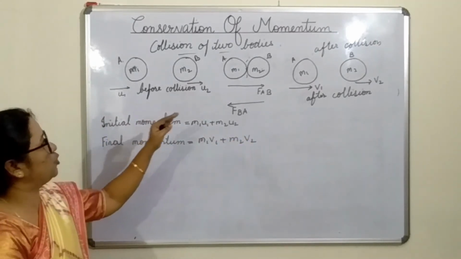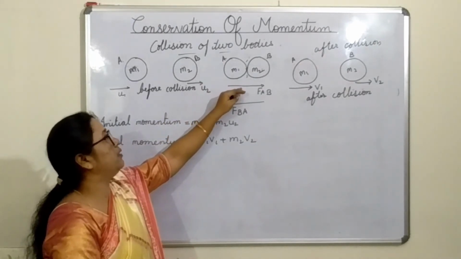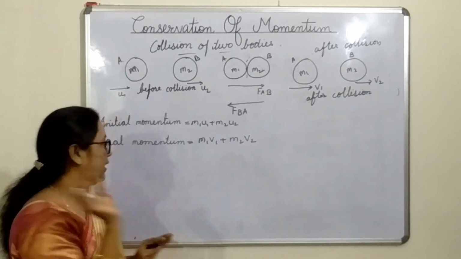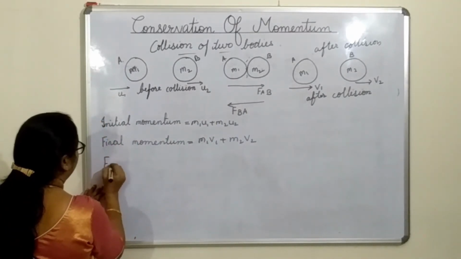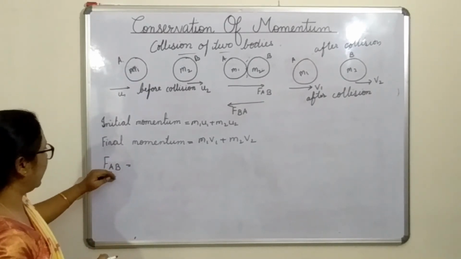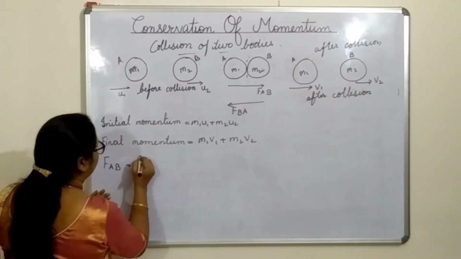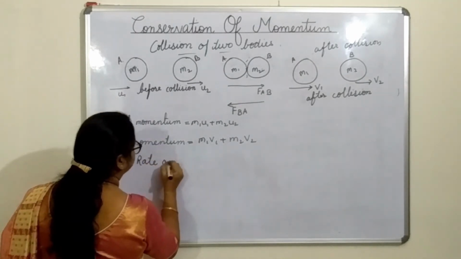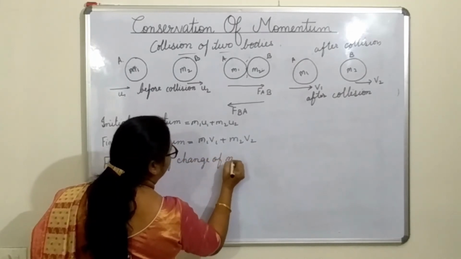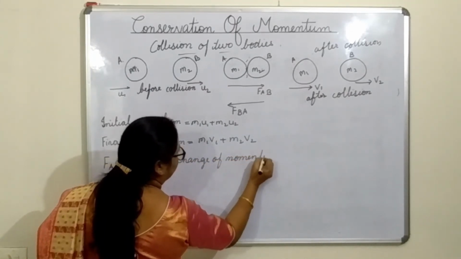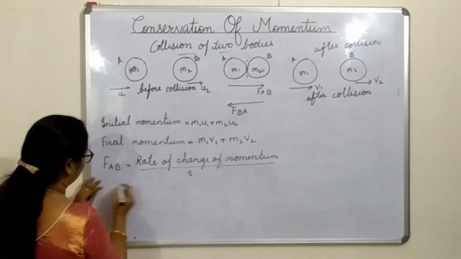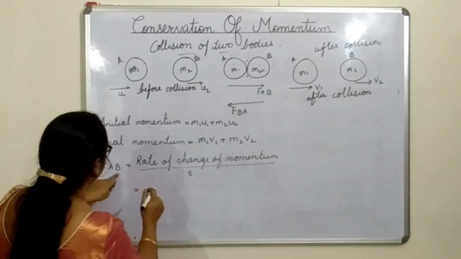Now, let us assume that the collision took place for t seconds. Then FAB, force exerted by ball A on ball B, will be equal to rate of change of momentum divided by t. So what is rate of change of momentum?